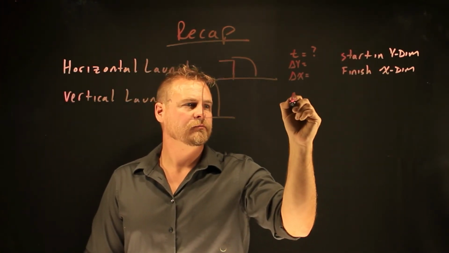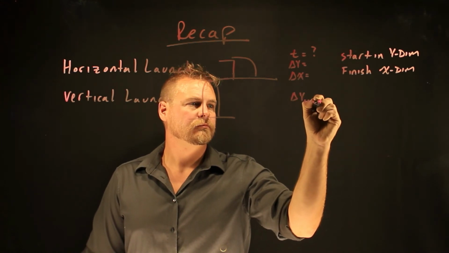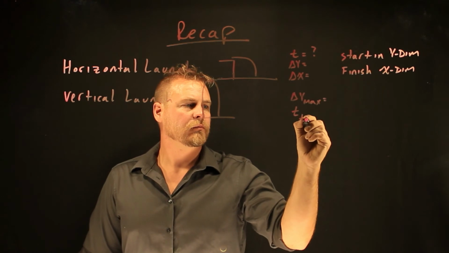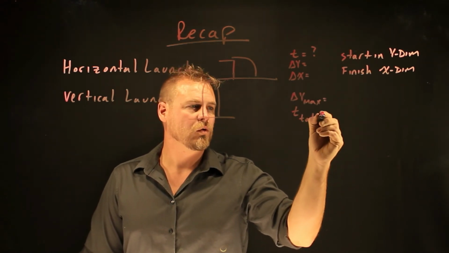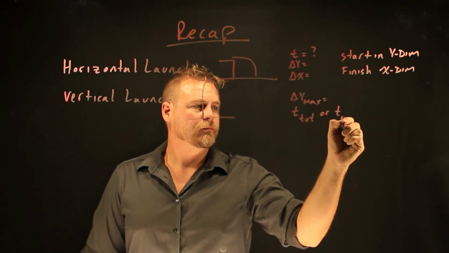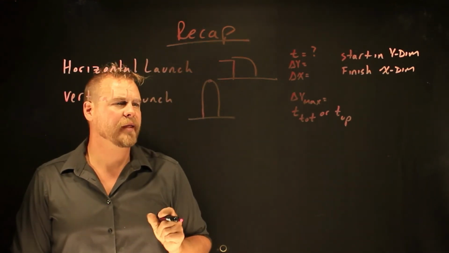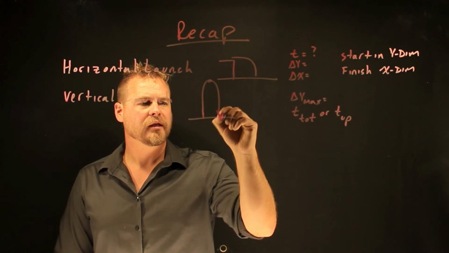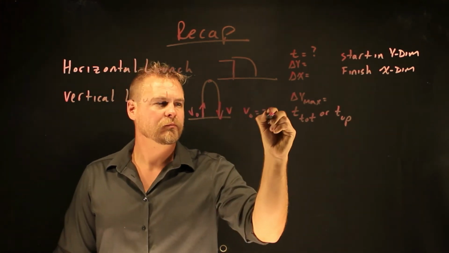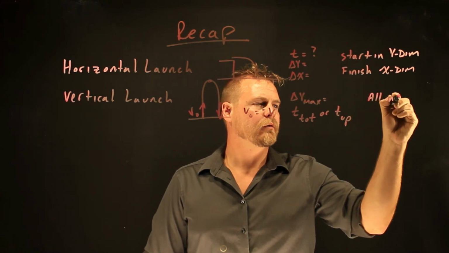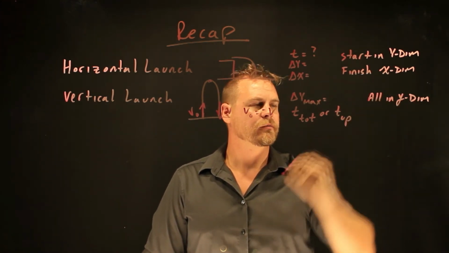Total height, air time, this could be t toe or t up. Typically you're not asked to solve for the delta x. They might ask you for the impact velocity, and so this is almost all in the y dimension.